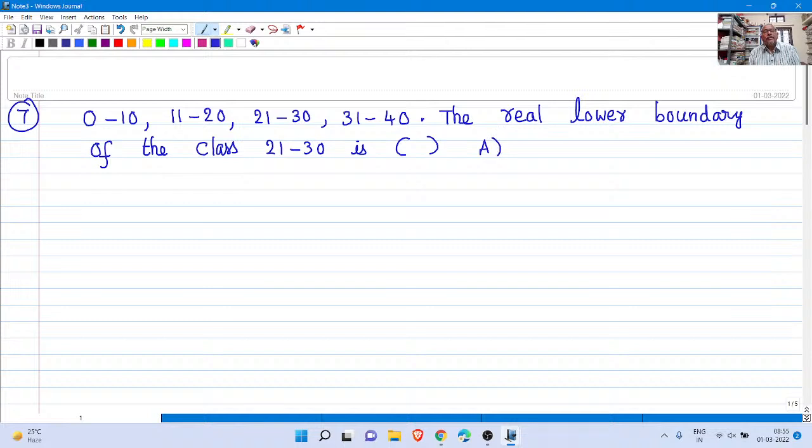Option A is 21, option B is 30, option C is 21.5, option D is 20.5. Okay, what's your answer? You try this question.